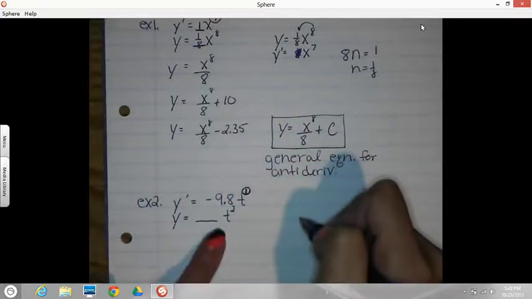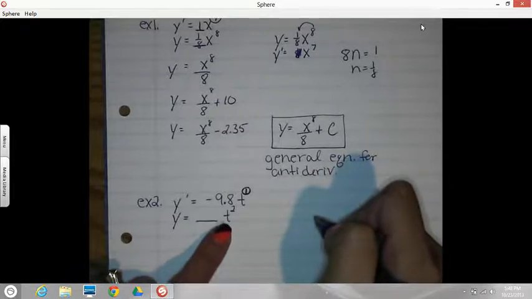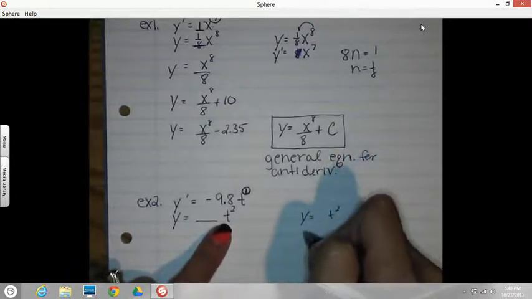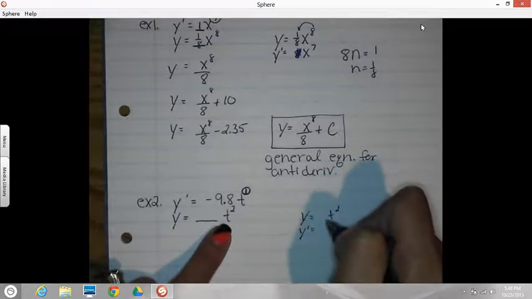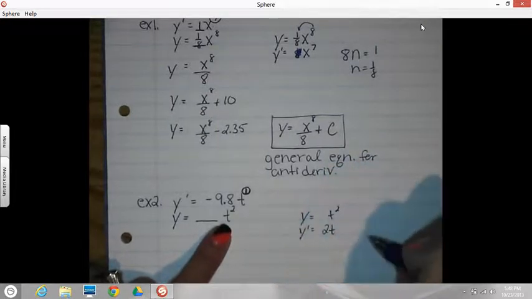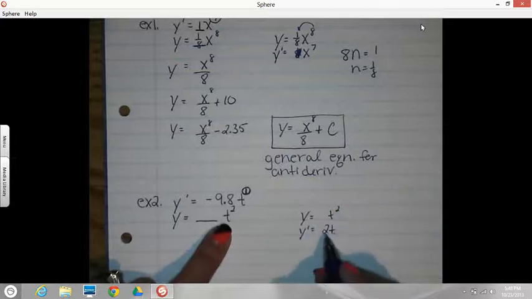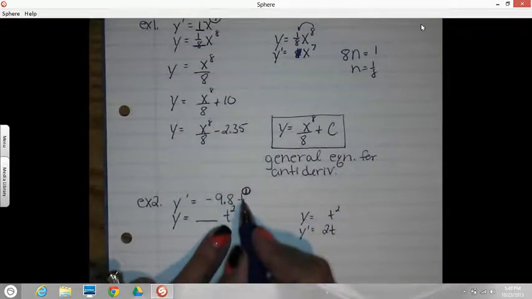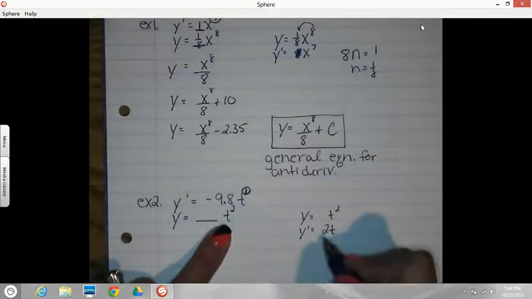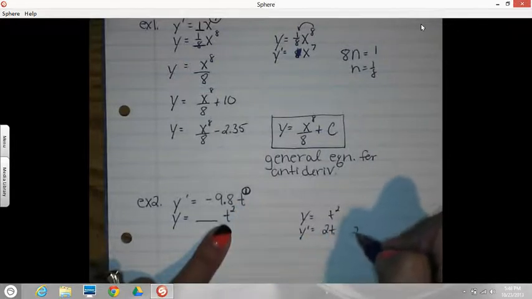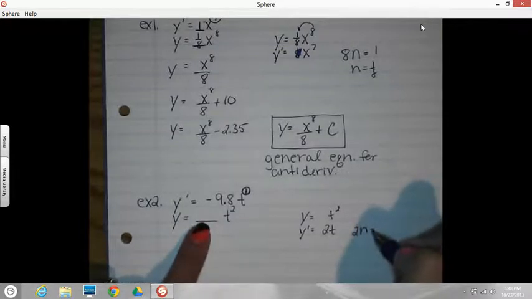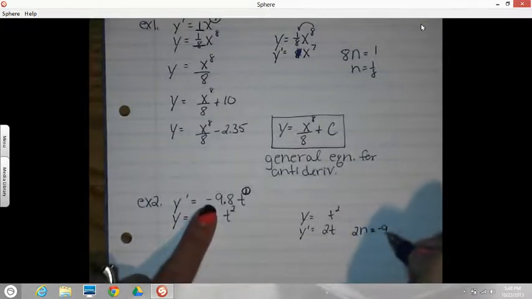So now over to the side, I'd like to do the derivative of this. If y equals t squared, my derivative would be 2t to the first. Well, I don't want 2t to the first. I want negative 9.8t to the first. So then I got to ask myself, well, 2 times what number that I put here is going to give me this answer of negative 9.8. So it's just a simple divide by 2.